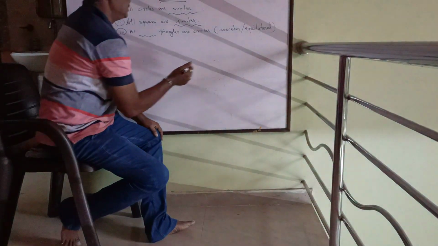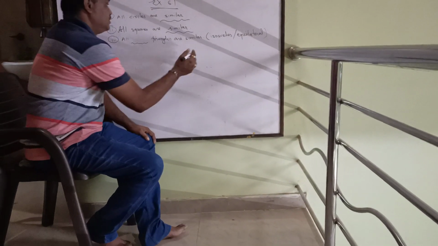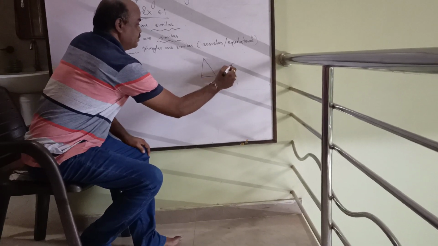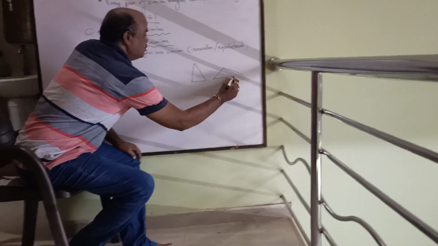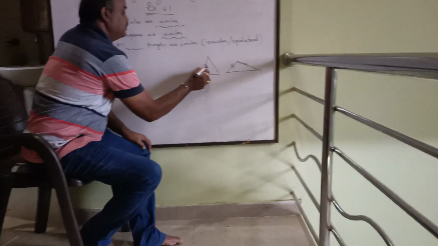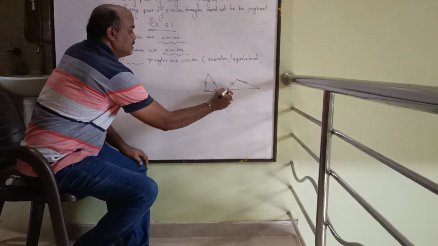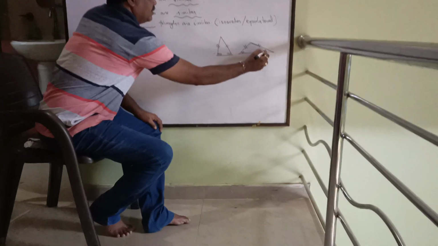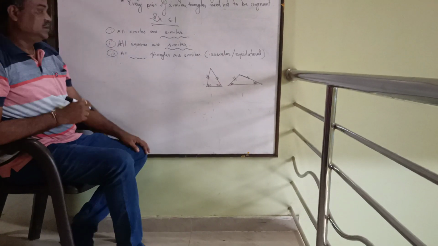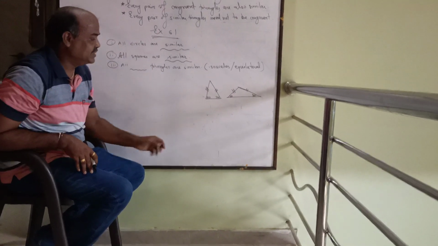Now students, I have drawn a pair of isosceles triangles. Of course, it is an isosceles triangle, it is also an isosceles triangle.